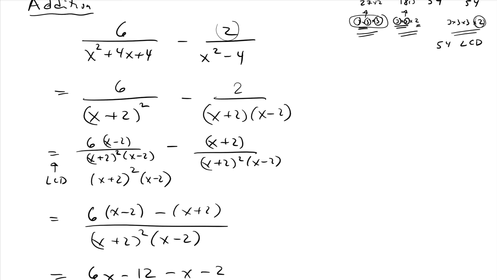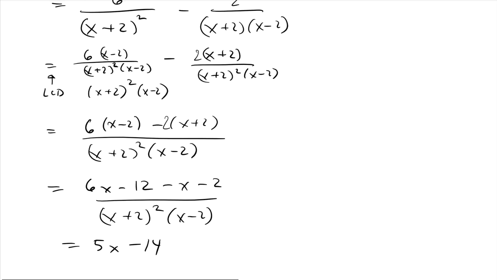So let me correct this. 2, 2. And then we get 2x minus 4. Okay. And so finally we get 6 minus 2 is 4x minus 12 minus 4 minus 16 over x plus 2 squared x minus 2.